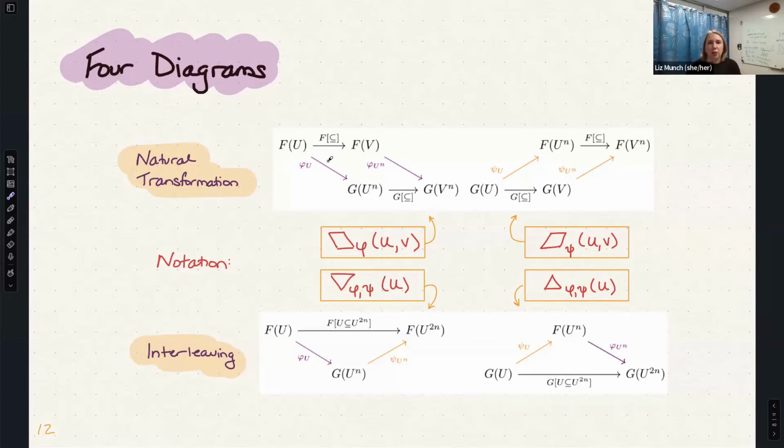I would have to double check that every diagram that looks like this and every diagram that looks like this commute to make sure that both of these things are natural transformations. And then to make sure it's an interleaving, I've got to make sure that all of the triangles that look like these two things also commute. So if I hand you an n-assignment and I want to make sure it's an interleaving, I've got to check all possible diagrams of this form to make sure that they commute.